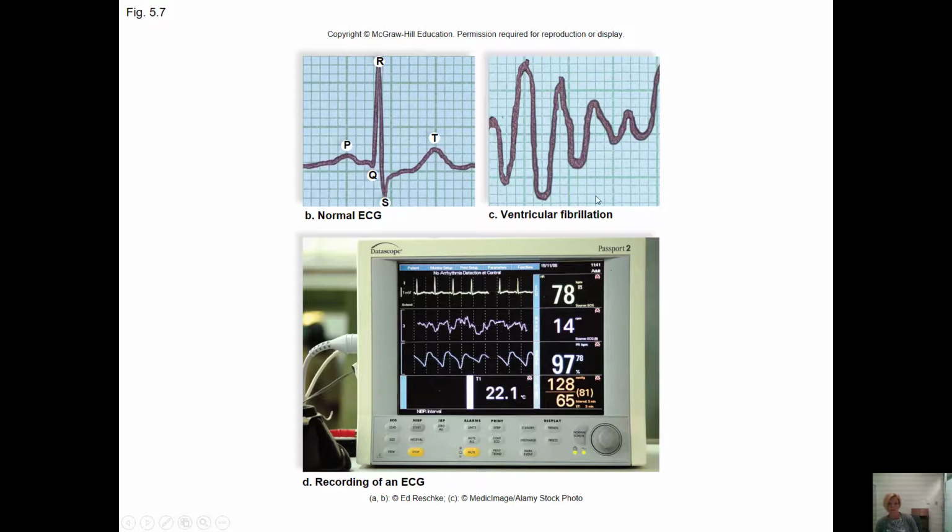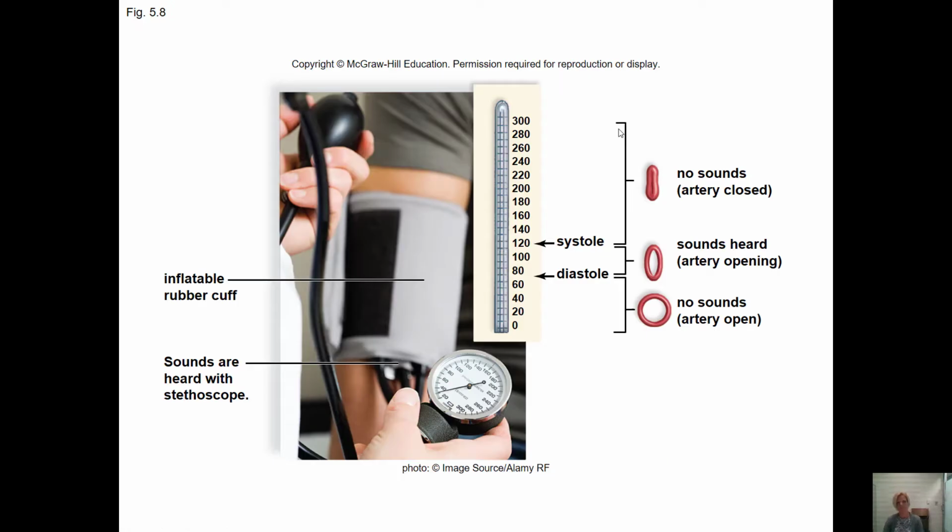And in this case, ventricular fibrillation, this patient would need someone to come and shock the heart with an AED, an automatic electronic defibrillator. So they would need that to zap that heart back into the rhythm if possible.